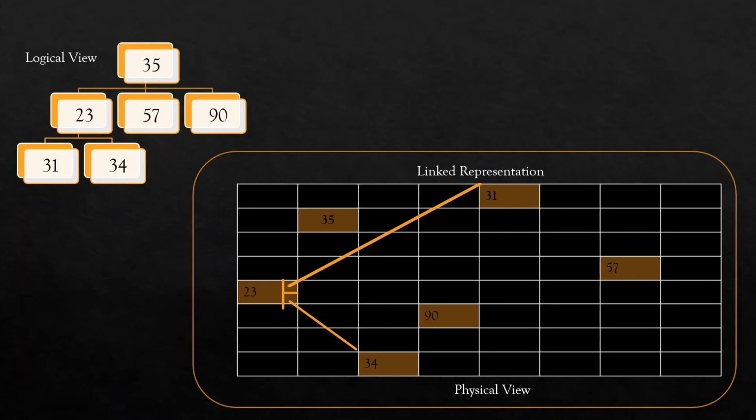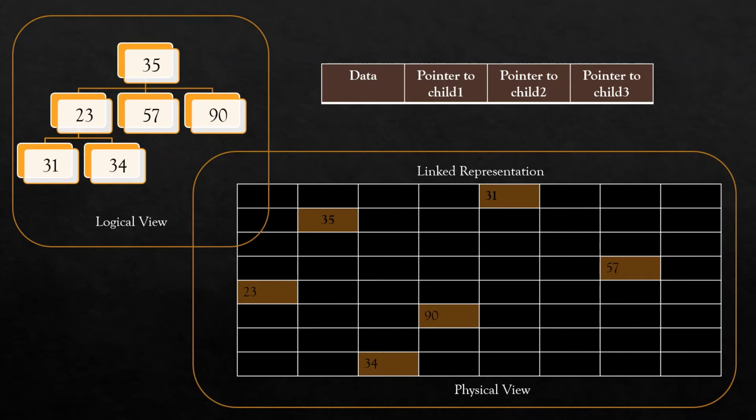When we use a linked representation, we have a pointer from 23 to its children 31 and 34. That is, 23 stores the address at which 31 is present and the address at which 34 is present. Similarly, 35 stores the address at which 23 is present, the address at which node 57 is present, and the address at which node 90 is present.